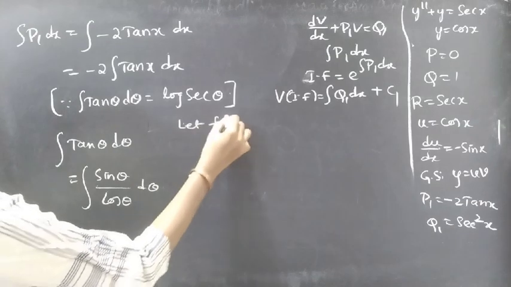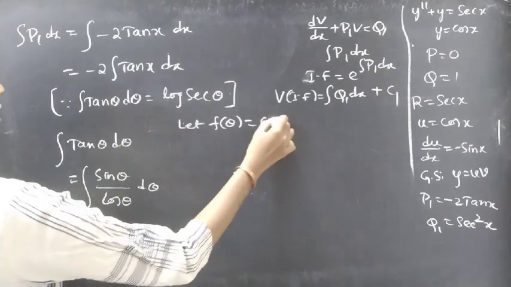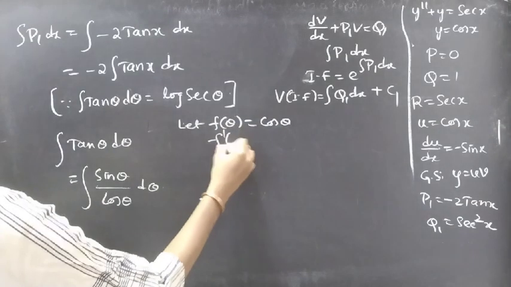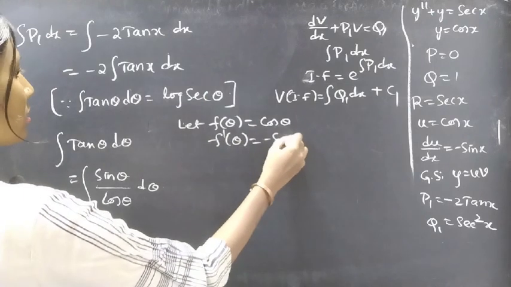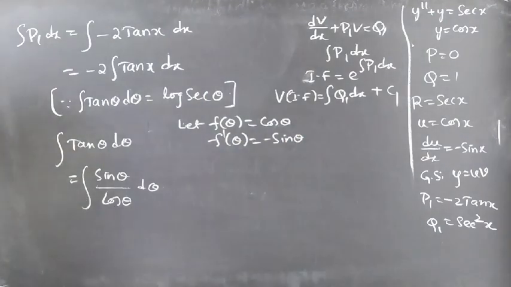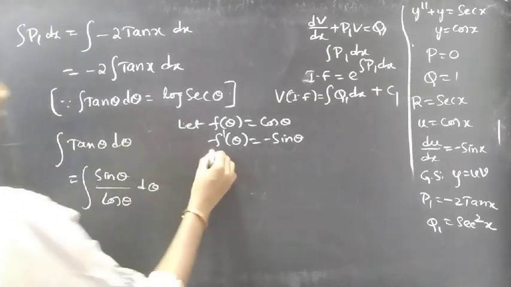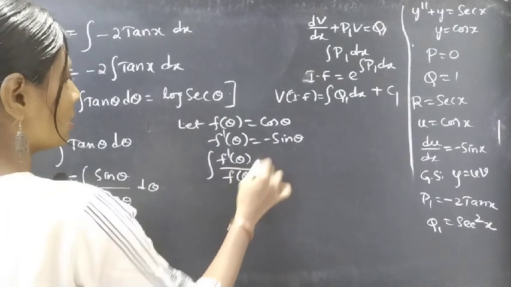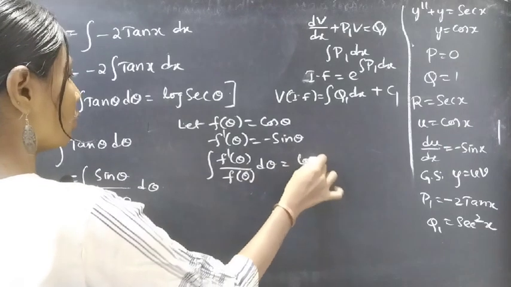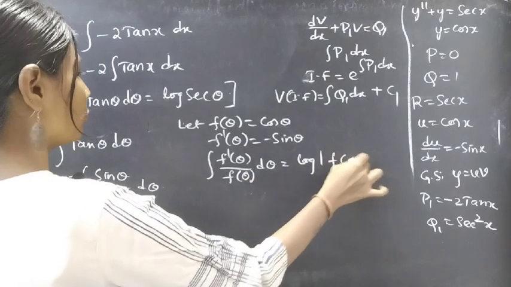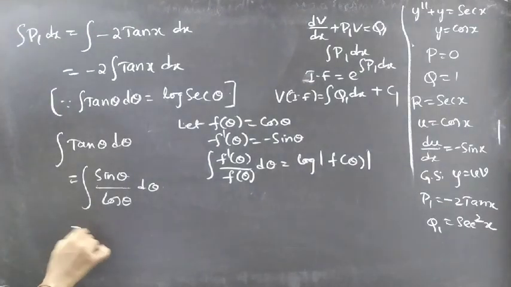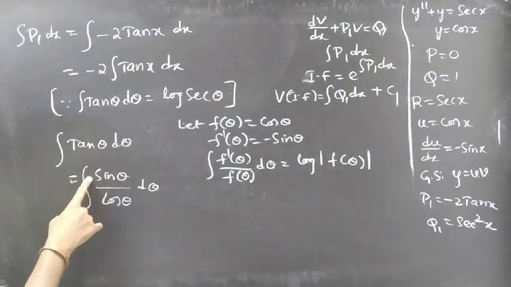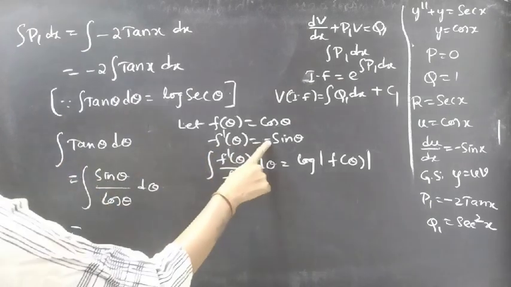Let f of theta equal cos theta, then f dash of theta will be minus sin theta, right? So here we can apply the formula integral f dash of theta by f of theta d theta equal to log mod f of theta. But here we have sin theta in the numerator, and we need minus sin theta.